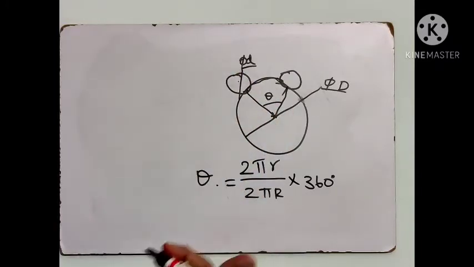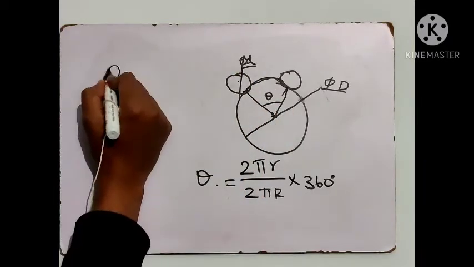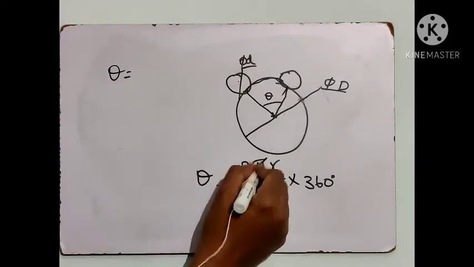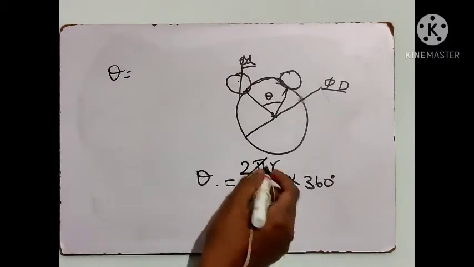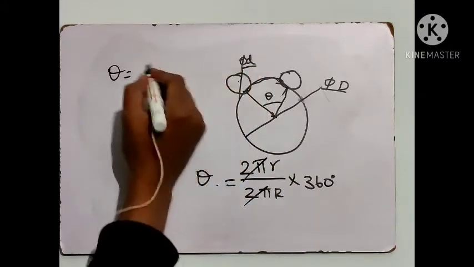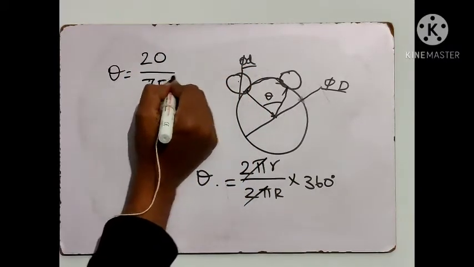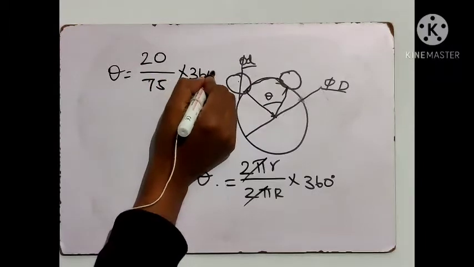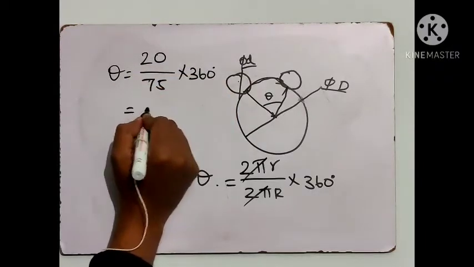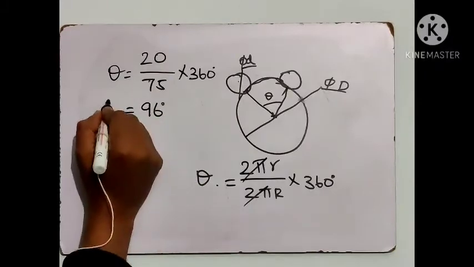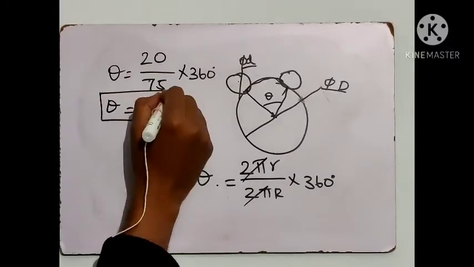So for the given question, theta will be equal to, this 2 pi gets cancelled because both are constant, so r by R. The small radius is 20 and the bigger radius is 75, into 360. If you calculate this, you will get an angle of 96 degree. So the theta value is 96 degree.